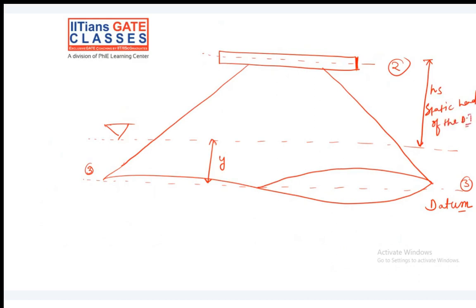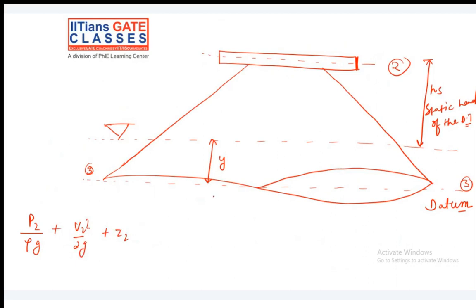Now I am applying Bernoulli's equation between 2 and 3. How will the equation look? We know this is P2 upon rho g plus V2 square upon 2g plus Z2.